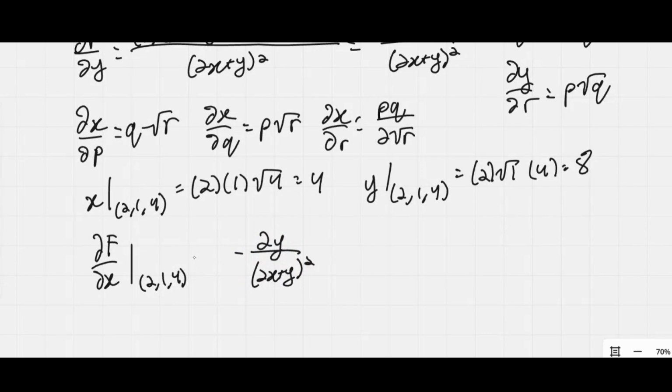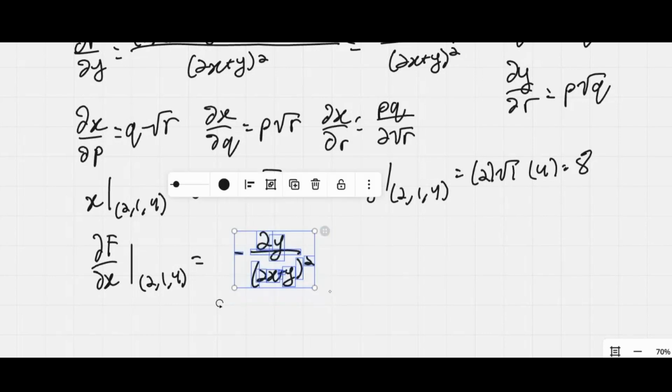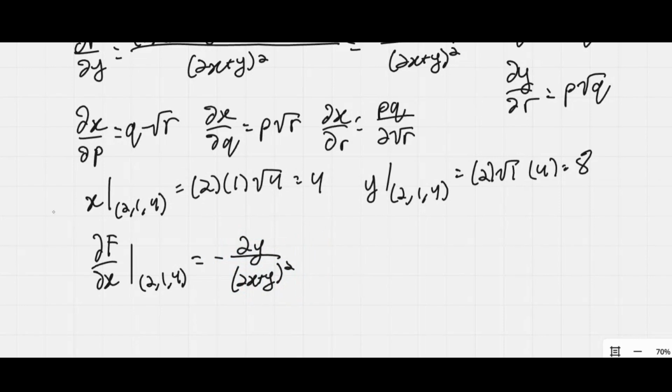So allow me a moment to substitute in the expression. Actually, let's change this value over here. Instead of 214, let's make it 48, because the value of x is 4 and the value of y is 8. So we're going to change that value to 48.